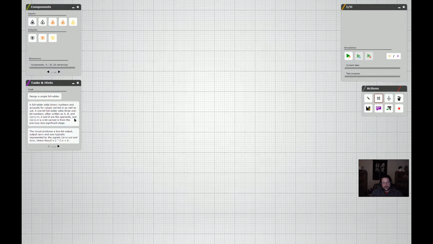A and B are the operands, and carry in is the bit carried in from the previous less significant stage, meaning what we did with the half adder, where we added two together. If they were both 1, the result was 0, and we brought the 1 forward. So that's what's happening here. The circuit produces a 2-bit output, carry and sum, represented by the signals carry out and sum, where the result is 2 times carry out plus sum.